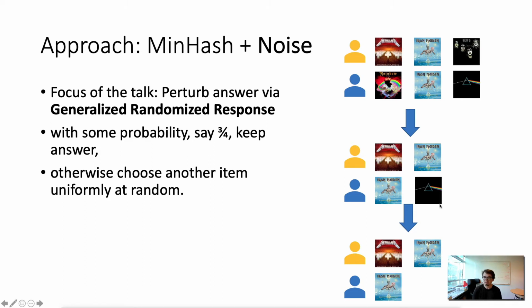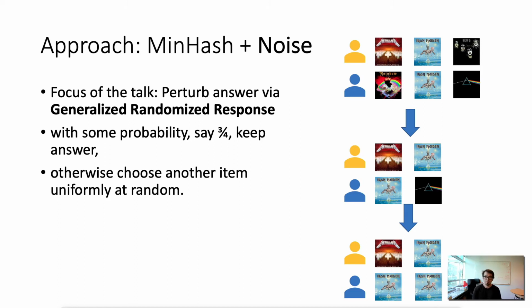And let's say this last flip says do something else. Doing something else means that you choose among all of the other items. So among the 5 other albums besides the Pink Floyd album, we choose a random answer. And this turns out to be the Iron Maiden album.